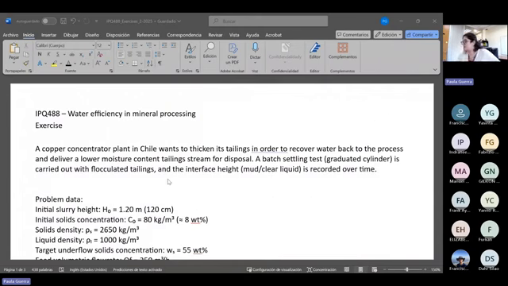So this is the exercise that we're going to do now. It says as follows: a copper concentrator plant in Chile wants to thicken its tailings in order to recover water back to the process and deliver a lower moisture content tailing stream for disposal. A batch settling test in a graduated cylinder is carried out with flocculated tailings, and the interface height, mud and clear liquid, is recorded over time.